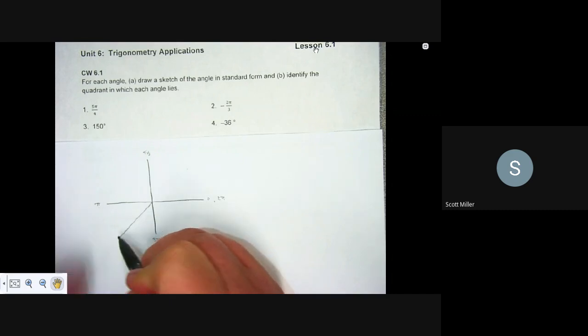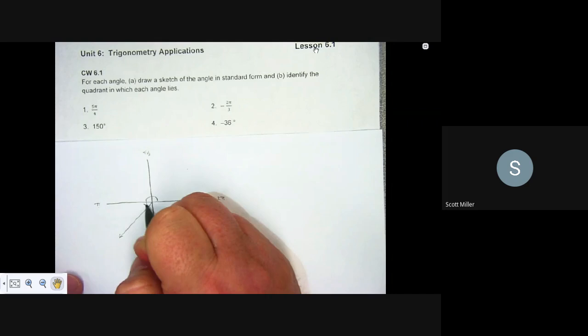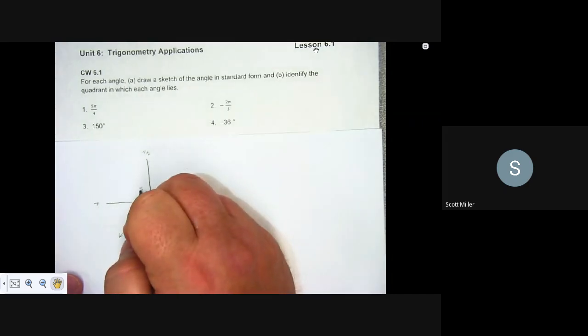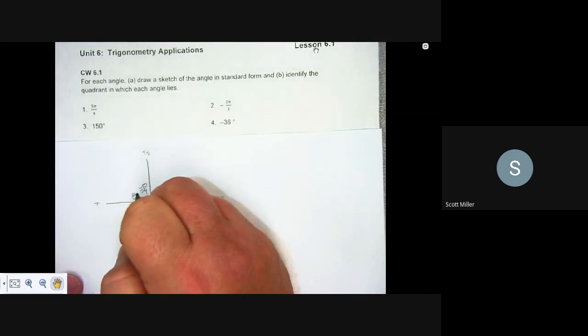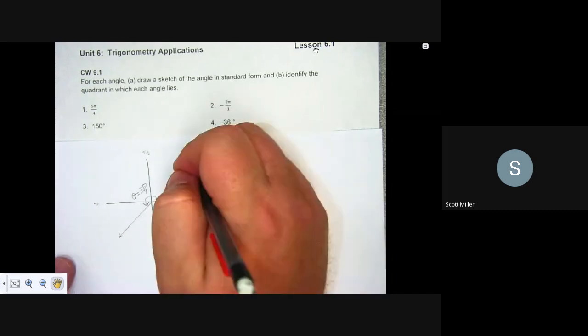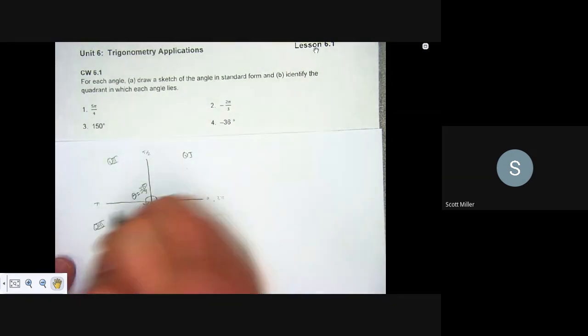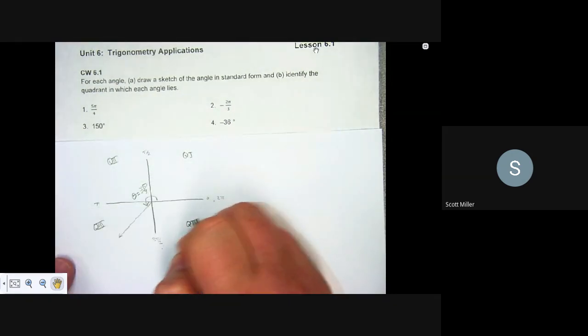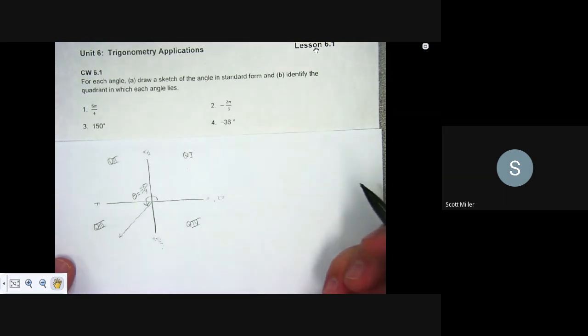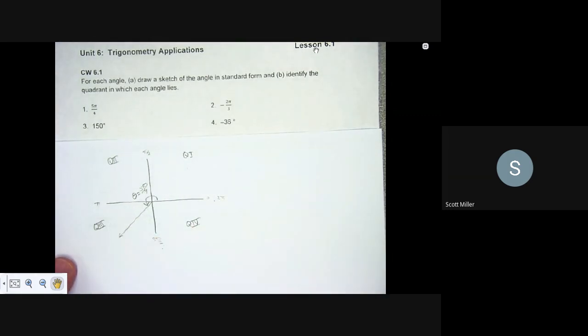So this is the terminal side for this angle right here, which is 5 pi over 4. So theta is 5 pi over 4. And these quadrants are: this is Q1, quadrant 2, quadrant 3, and this is quadrant 4. So our angle theta, 5 pi over 4, is in quadrant 3. And that's how you would draw it.